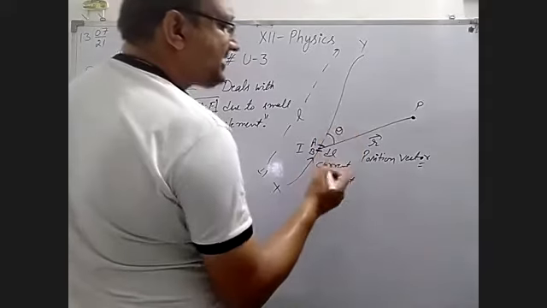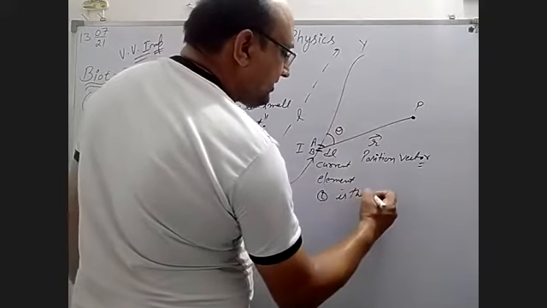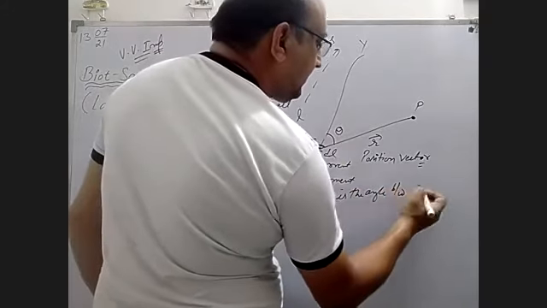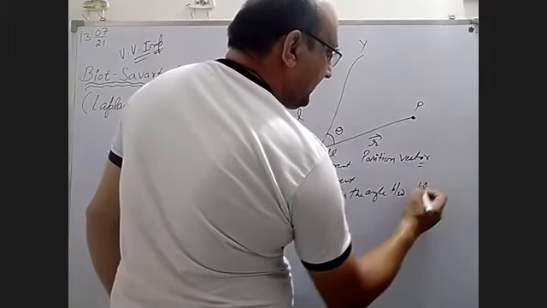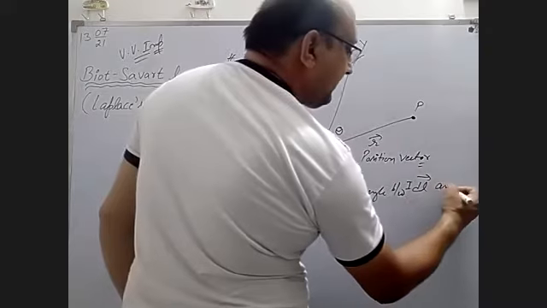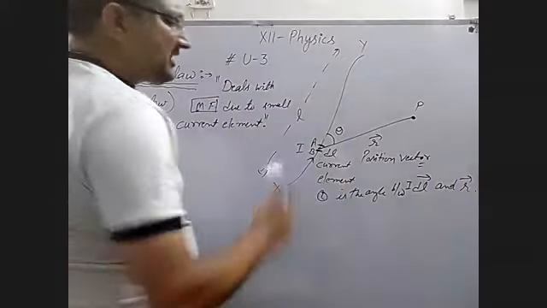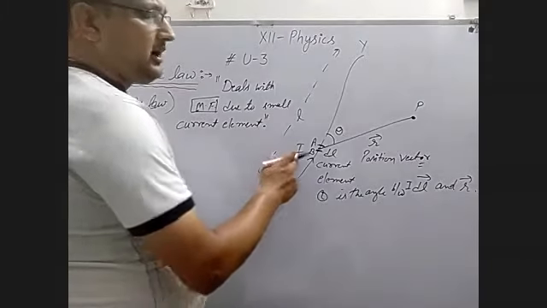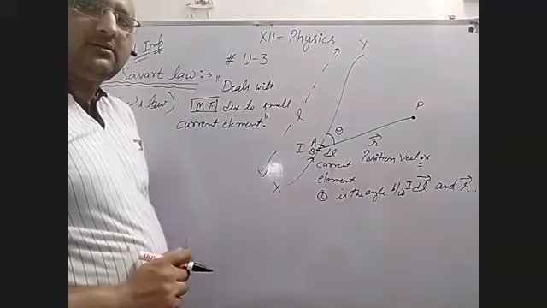Theta is the angle between the dL vector, I dL you can say, and r, the position vector. Because current is a scalar quantity, and I want to take the angle between current and position vector.